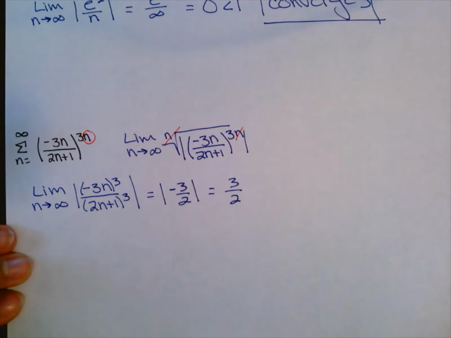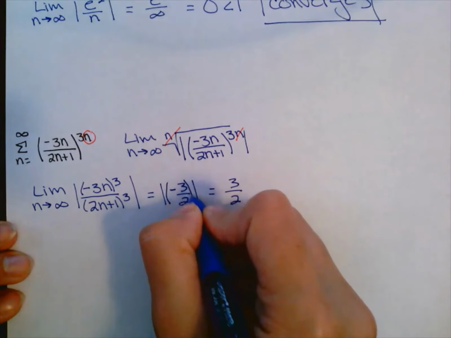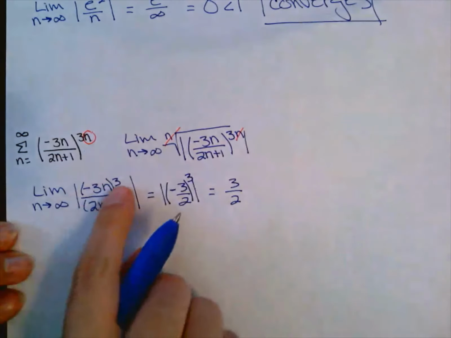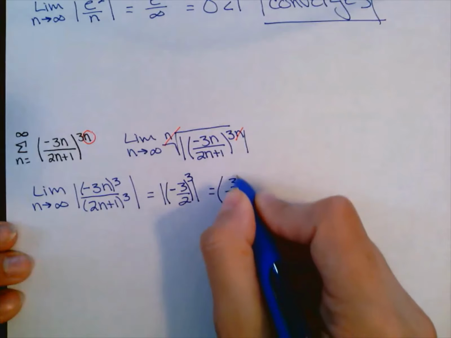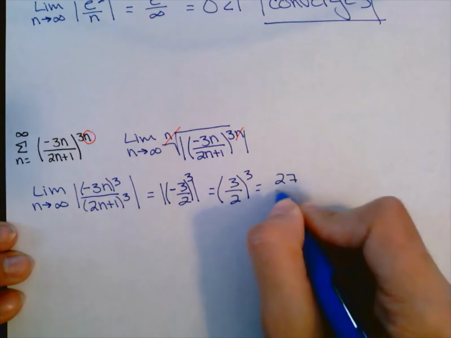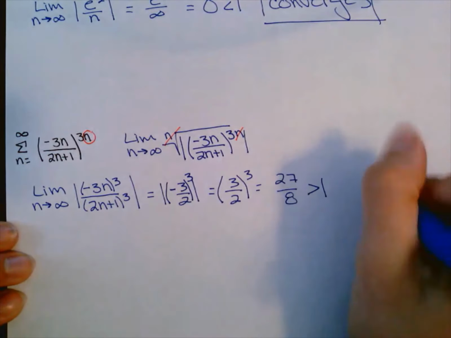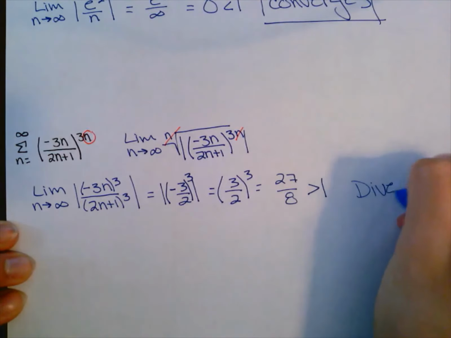And that 3 over 2, I'm sorry, let's rewind a little bit. I almost forgot about this cubed here, okay? We can't forget about how that cubed would affect it. This gives me 27 over 8, which is greater than 1. Therefore, this diverges.